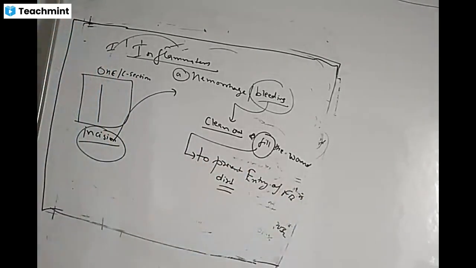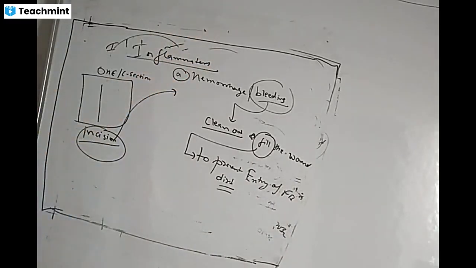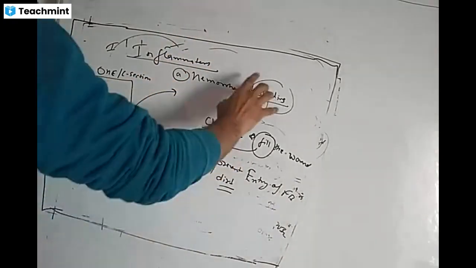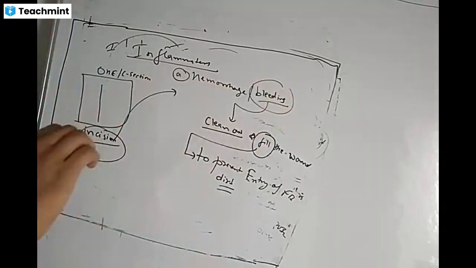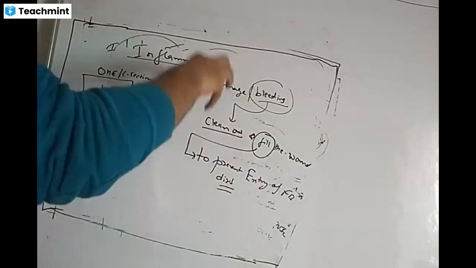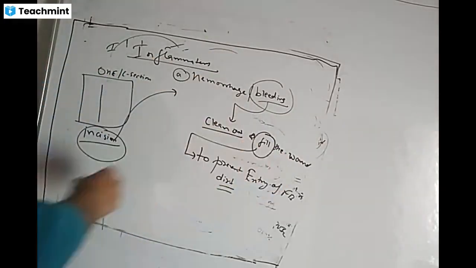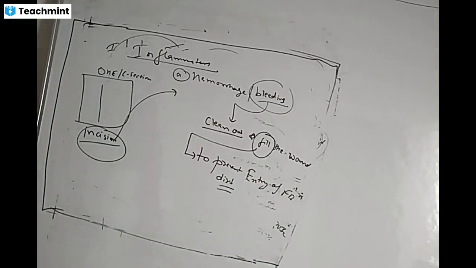The place where there is injury, there will be bleeding, and the role of that bleeding is to clean out and fill the wound. It fills to prevent the entry of foreign bodies and any dirty material from the outside.